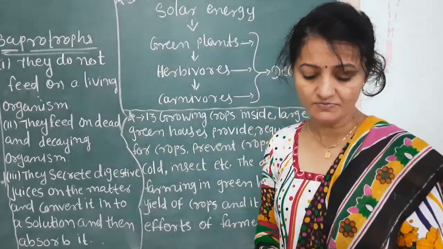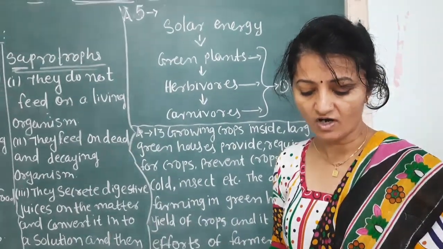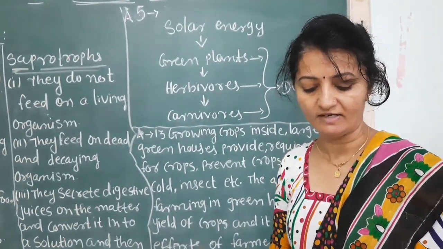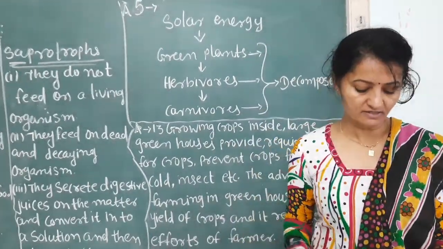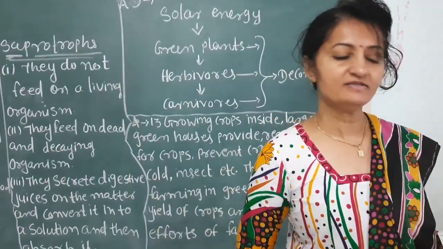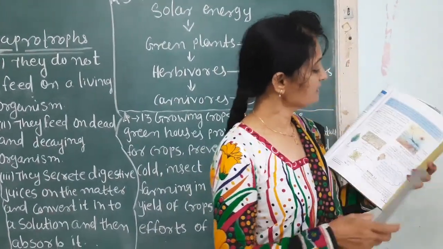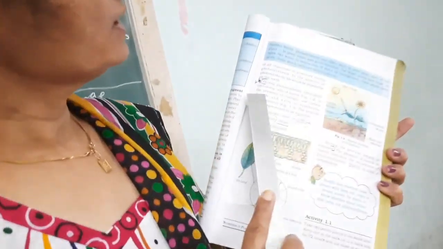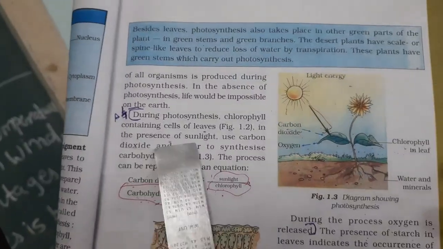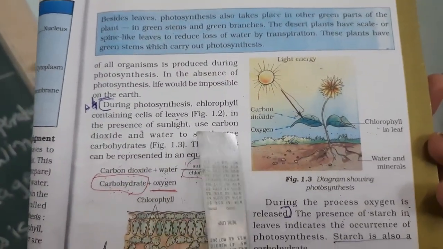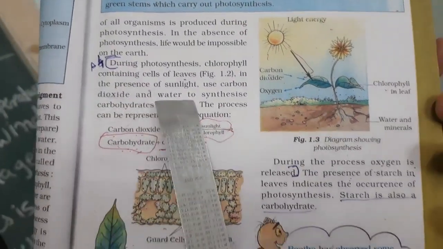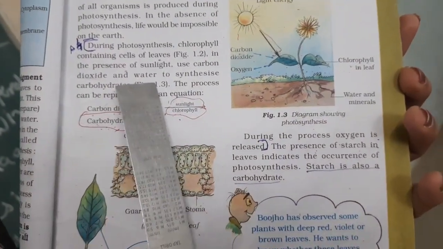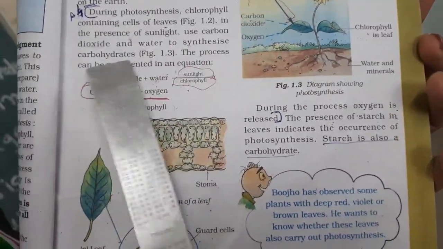Give a brief description of the process of synthesis of food in green plants. Students, for question 4 you can see the answer on page number 3. During photosynthesis, chlorophyll containing cells of leaves, you can see figure 1.2, in the presence of sunlight, use carbon dioxide and water to synthesize carbohydrate.